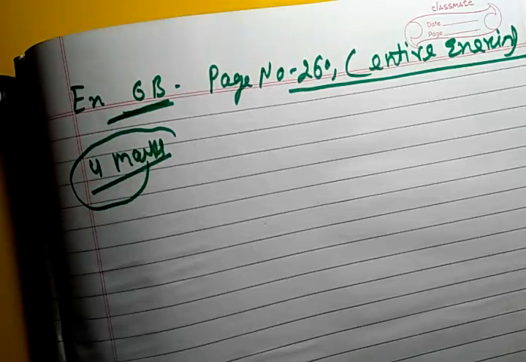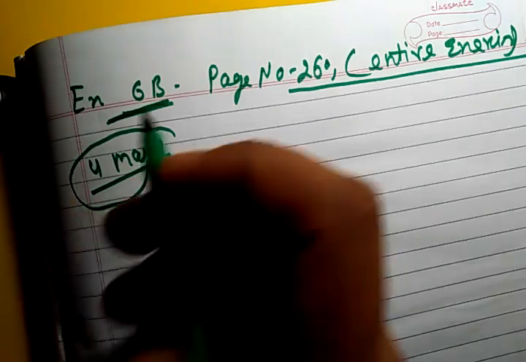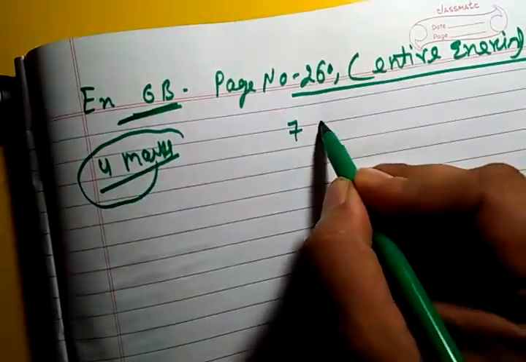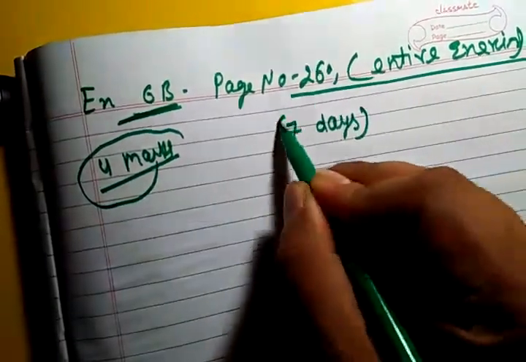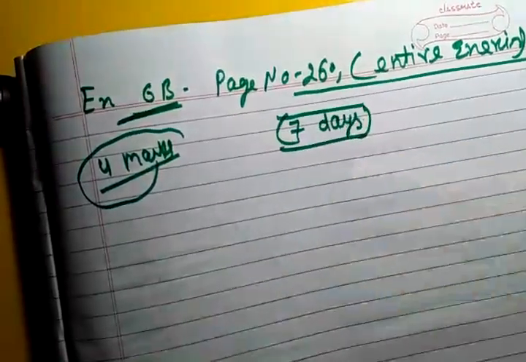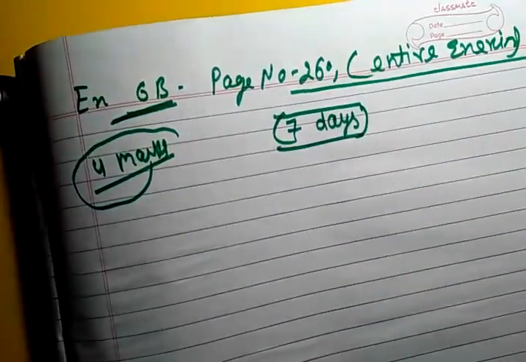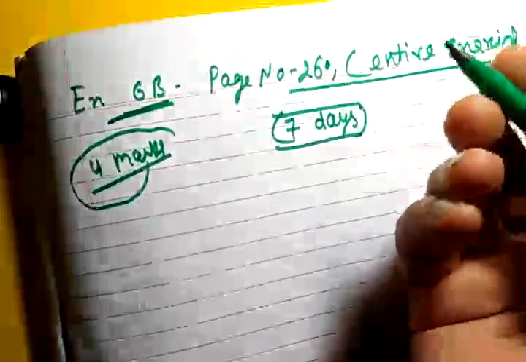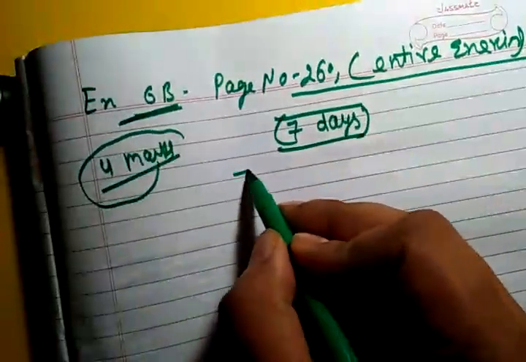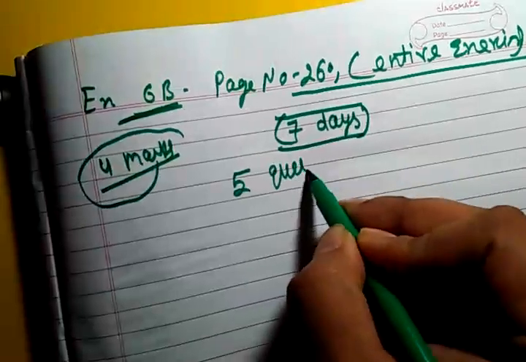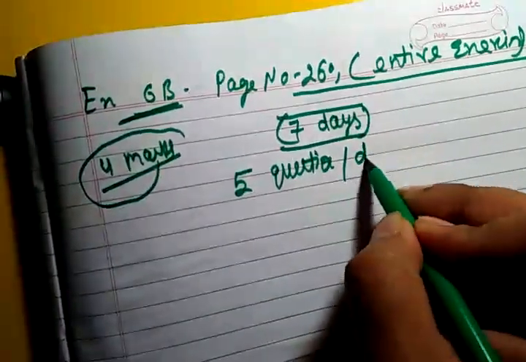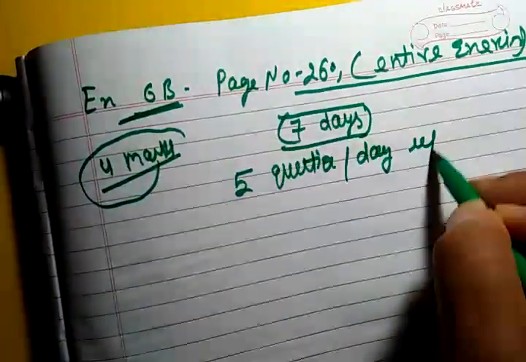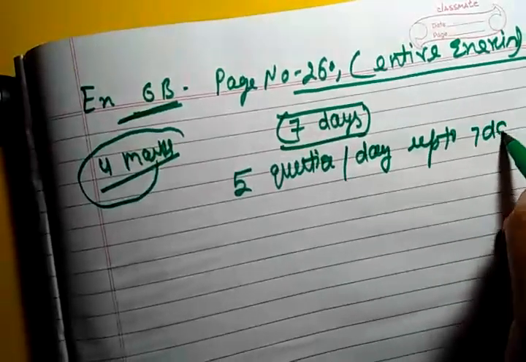Don't do everything in one day. Approximately divide it into 5-6 questions per day and complete this exercise in 7 days. Okay, I am saying that because to do such questions our minds need some relaxation, so there is no need to do 7 questions or 5 questions per day, है ना. So you will do 5 questions per day up to 7 days.